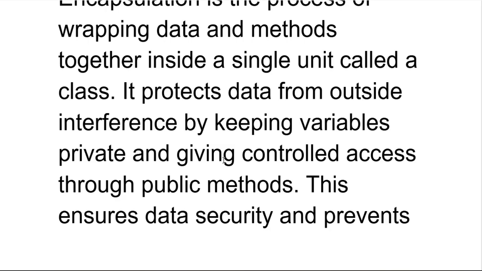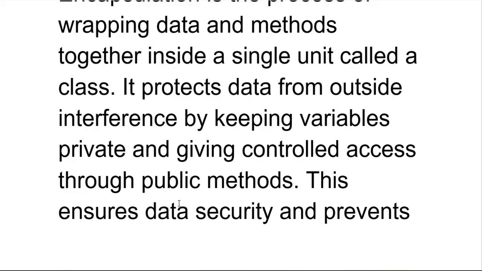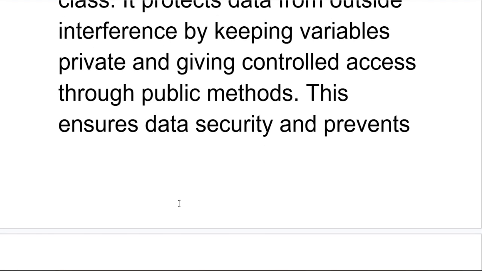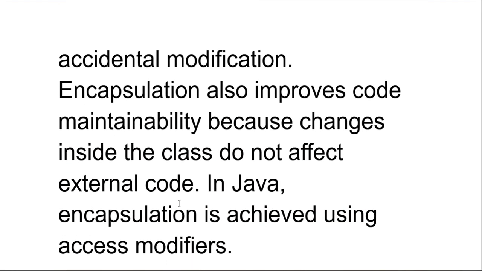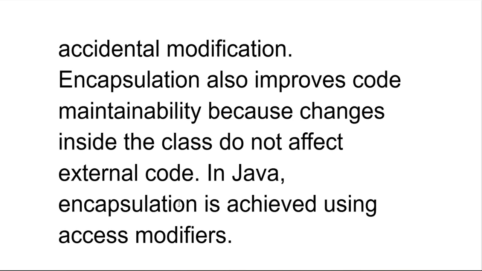It protects data from outside interference by keeping variables private and giving controlled access through public methods. This ensures data security and prevents accidental modification. Encapsulation also improves code maintainability because changes inside the class do not affect external code.